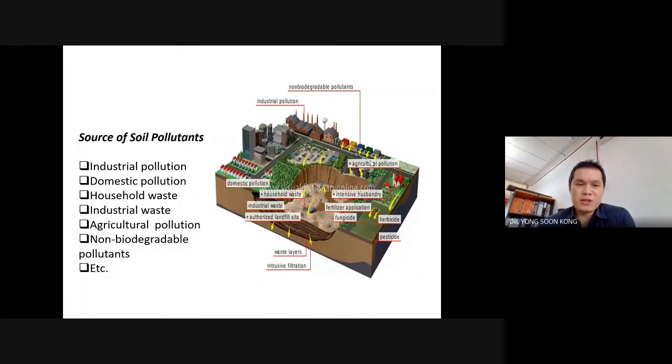So the source of pollution can come from industry, it can also come from domestic, from households, it can come from anywhere. But let's use the current PKP. During PKP, if you still remember, apart from the movement control, the industries were all stopped altogether.